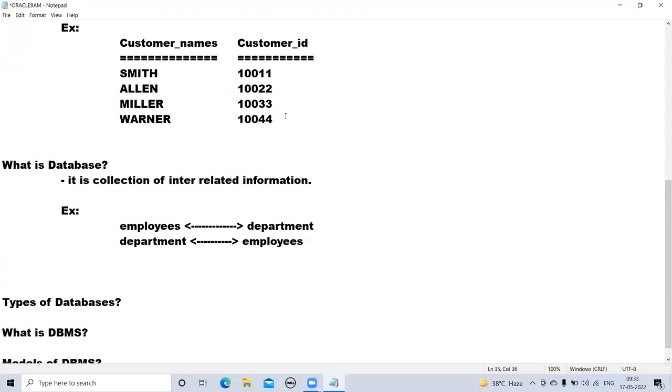Carefully observe what interrelated means. Can I say the group of employees is a department?